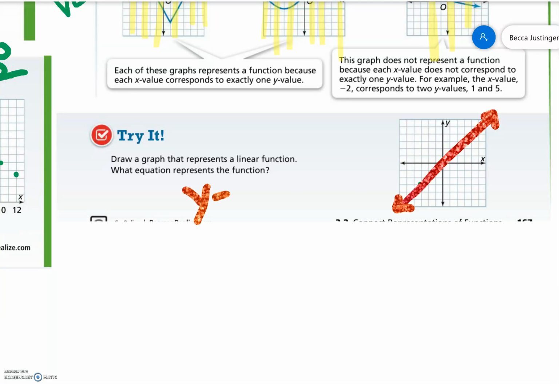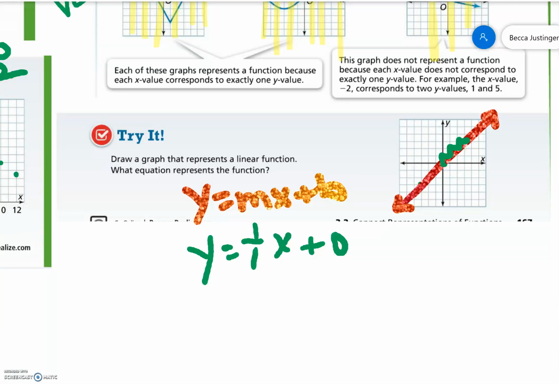Now the equation, remember y equals mx plus b. So the b is easy because it's 0. And our slope, we went up 1 over 1, up 1 over 1. So the slope is 1 over 1 x. So we can simplify this to just being y equals x. So 1 over 1 is just 1, and we don't need to add the 0 because it's nothing.